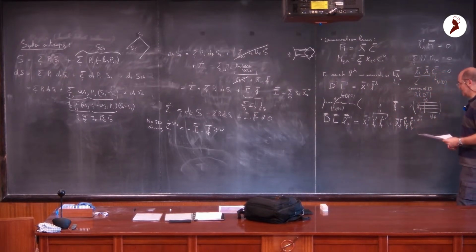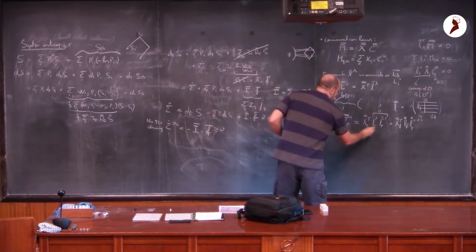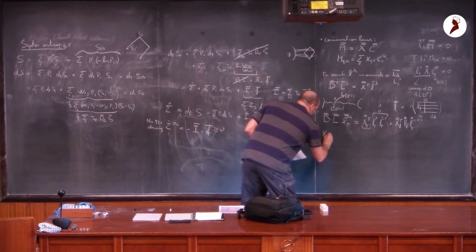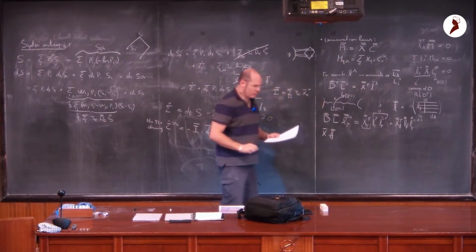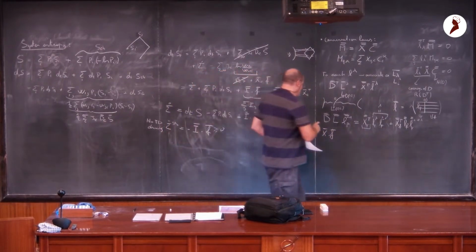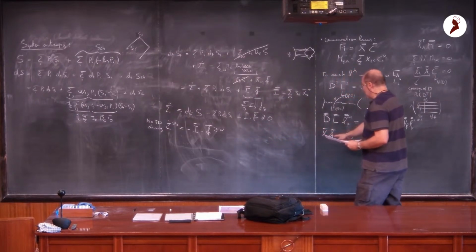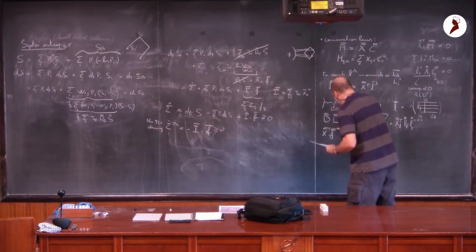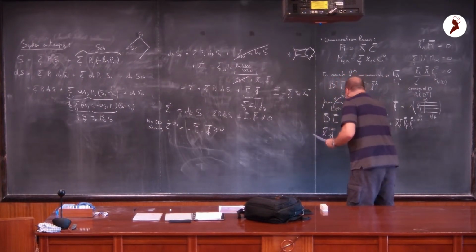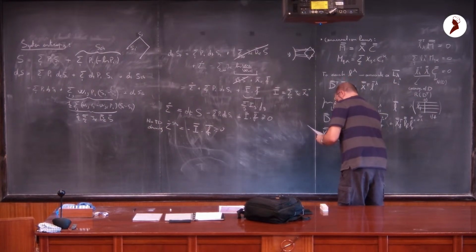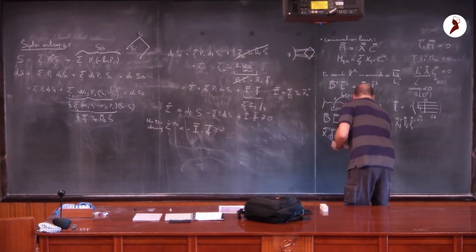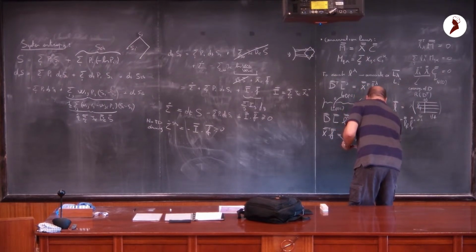I know it's a bit abstract at this moment, but this allows me to isolate this guy and substitute it in XF. This was the important object, because that was the one telling us the entropy exchange with the reservoirs. Oh, no, this is the vector. So I can split this into XP, FP, plus XF, FF.